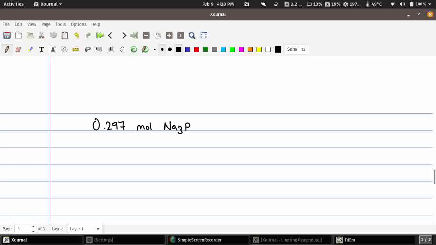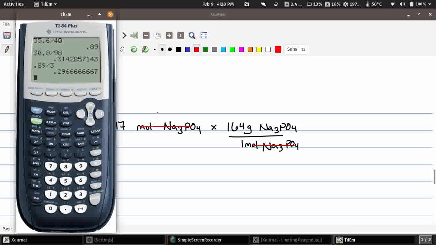of sodium phosphate. And then we use the molar mass. So we have approximately 164 grams of sodium phosphate over 1 mole of sodium phosphate. Let's see how this works out. Again, use the calculator.